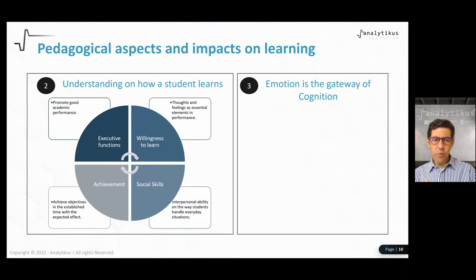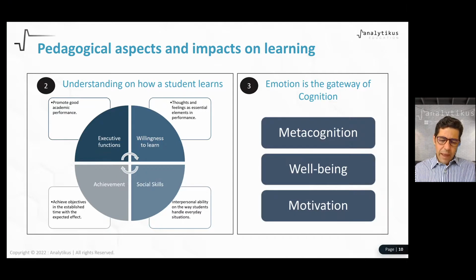So number 1, we're supporting the understanding of how a student learns, on these 4 pillars: executive functions, willingness to learn, achievement, and social skills. And we are interacting with the student in order to generate metacognition, for the student to understand the areas of opportunity, promoting student well-being and propelling the student motivation.